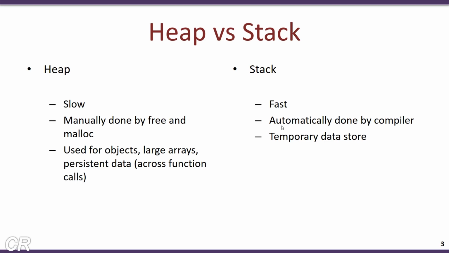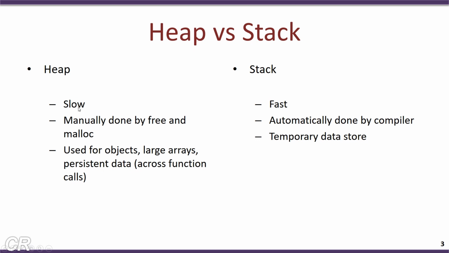Instead, when you compile a program, the compiler inserts instructions that allocate a stack frame and free the stack frame every time a function is entered or returns respectively. Stacks are used as temporary data storage, so whenever a function returns, the local variables allocated in that function are no longer available.